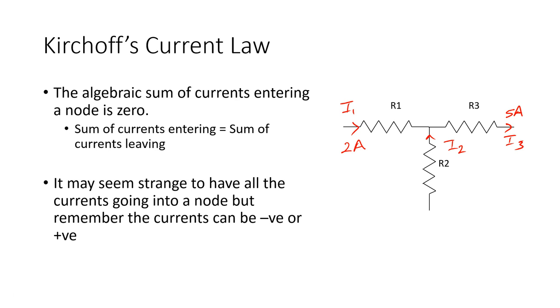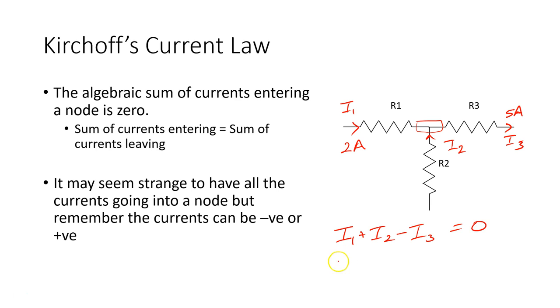The way I could do it is I could simply say the sum of the currents entering the node here is 0. So what is the sum of the currents entering the node? I1 is entering, I2 is entering, and minus I3 is entering.